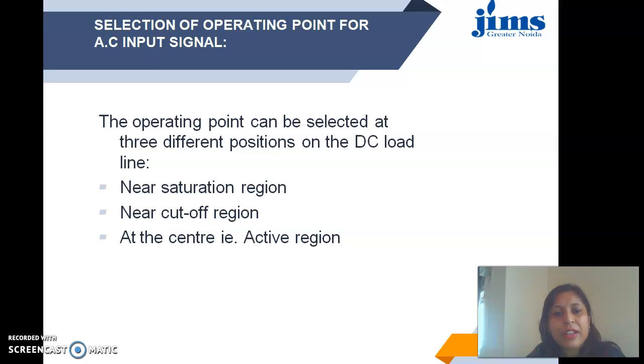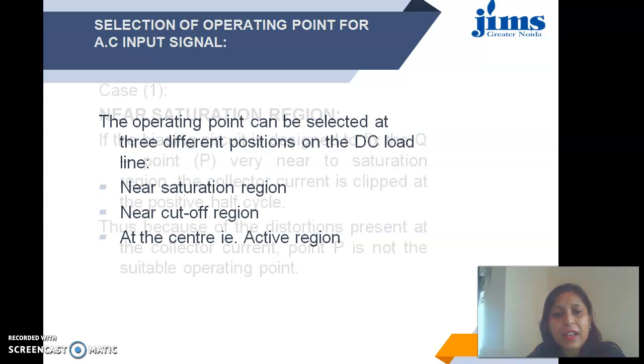There are three regions: the near saturation region, the near cutoff region, and the active region. Out of these three regions, one is the best region that we have to select.